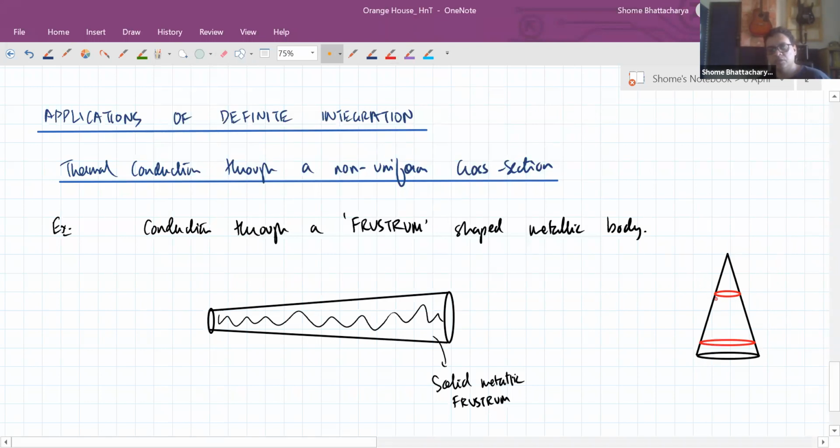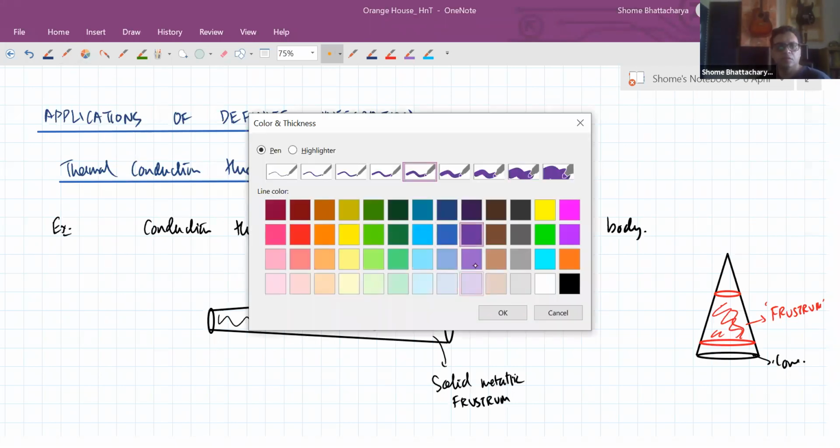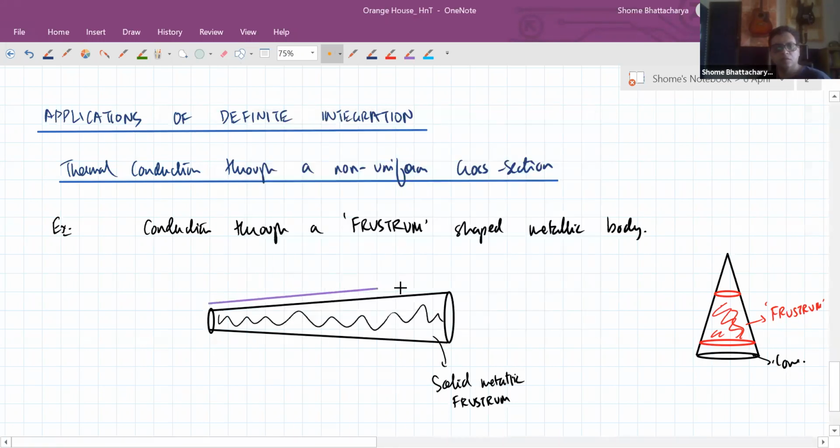What we are left with here is a frustum of a cone. Okay, so that kind of thing we have. And as usual, we are insulating it from outside so that there's no heat transfer from the outer surface. Plus, we are keeping this in a constant temperature reservoir.